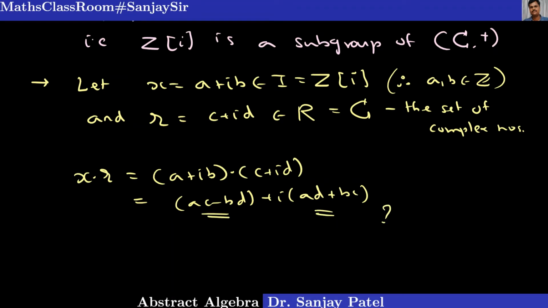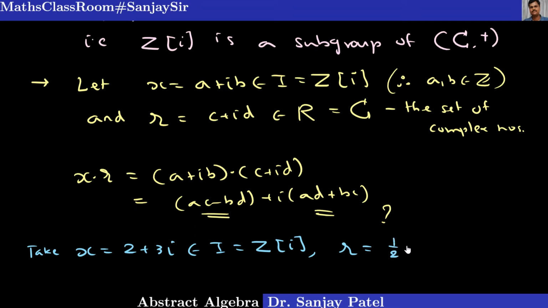If I choose some element x equal to 2 plus 3i, for example, in the set I, and let us take some element r equal to, say, 1 by 2 plus 3 by 2 times i, which belongs to the ring R, which is C.